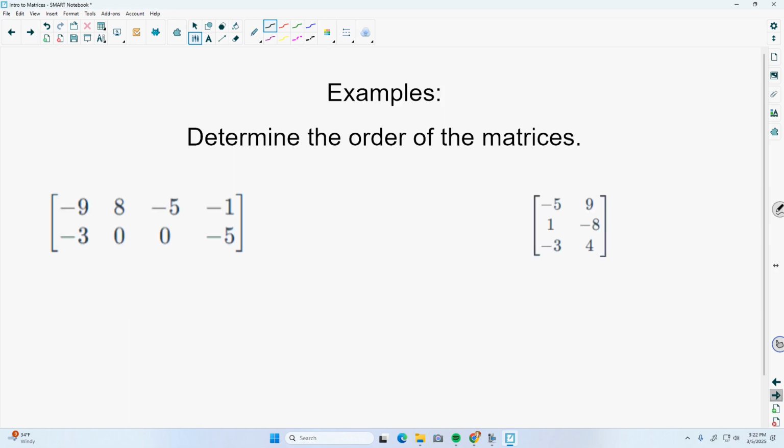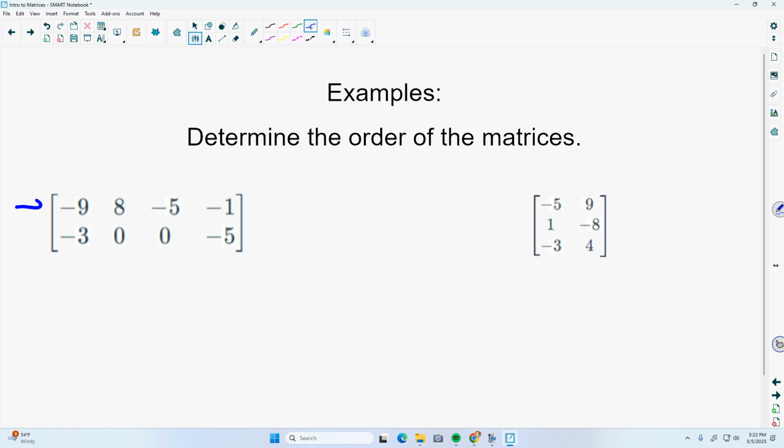Okay, so here let's determine the order of the matrices. Now, you decide as you're taking your notes, maybe you want to put in all these numbers. Maybe you put blanks. Ultimately, when we're just determining the order of the matrices, the numbers in our matrix are not as important as the number of rows and columns.